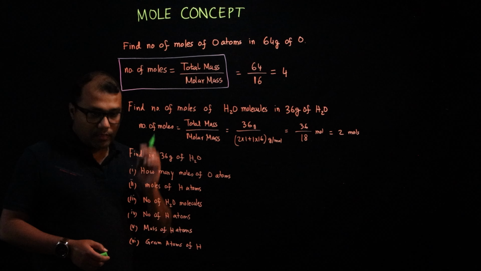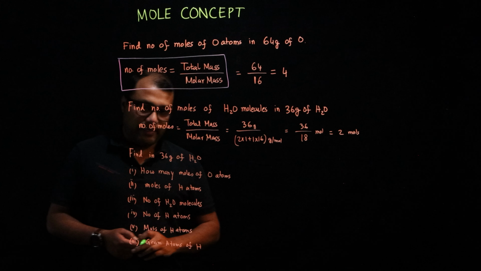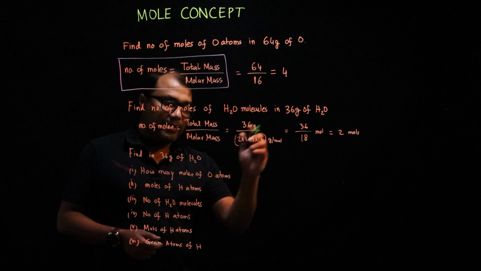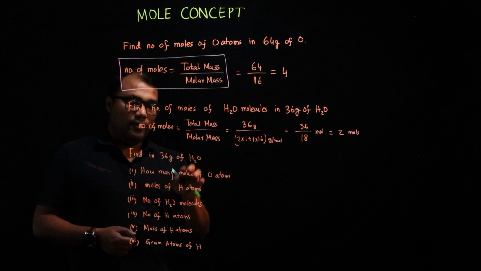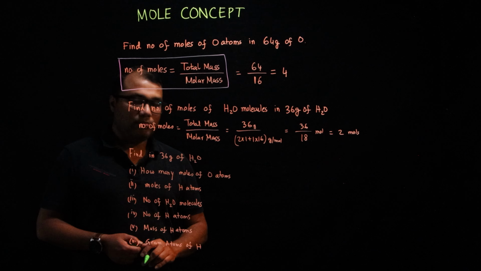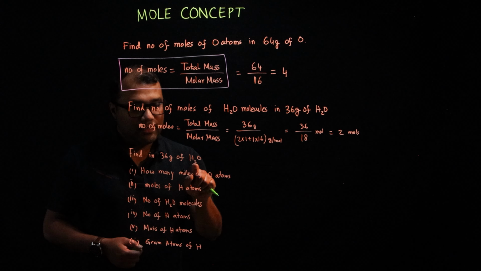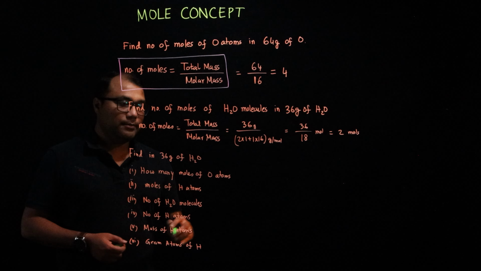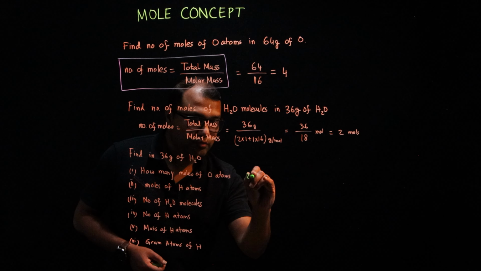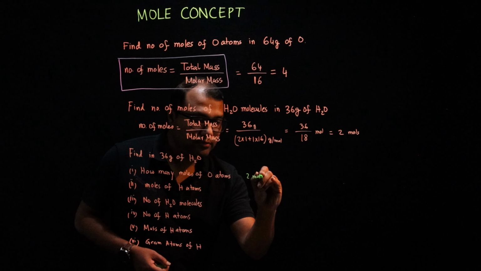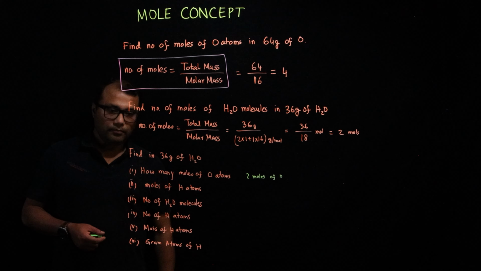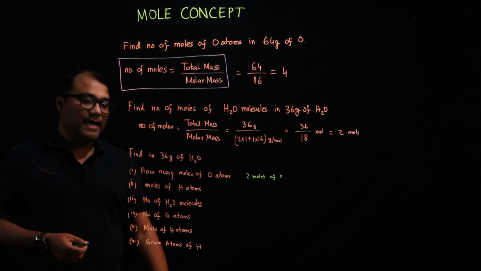Okay, how many moles of oxygen atoms? Now we know in 36 grams of water we have 2 moles of H2O molecules. In each molecule there is 1 oxygen atom, so there will be 2 moles of oxygen atoms. Now, how many moles of hydrogen atoms?